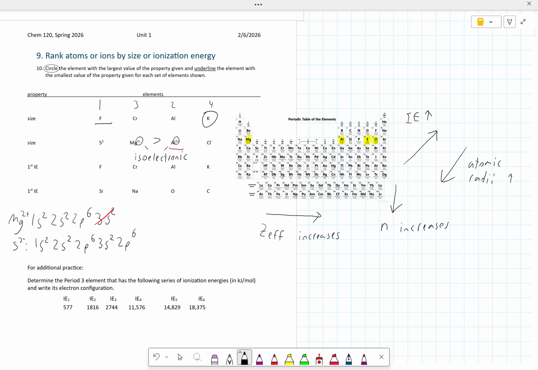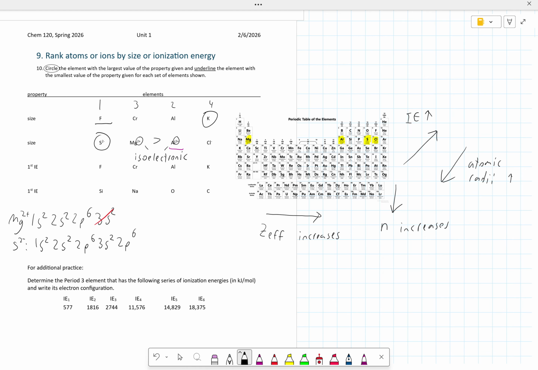Sulfide and chloride are isoelectronic with one another, but chlorine with that 17 proton nucleus is going to have a bigger Z effective than sulfur with its 16 proton nucleus, and therefore my sulfide will be larger than my chloride, and so sulfur 2 minus is my largest of my elements. That does our atomic radii trends.